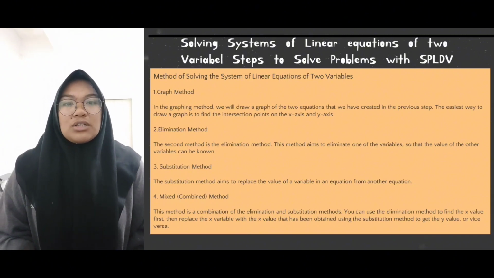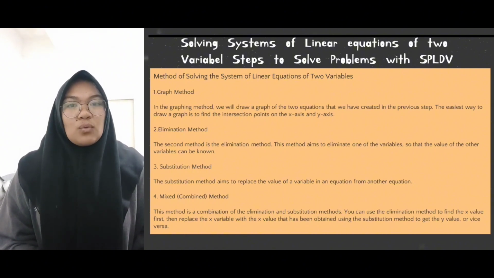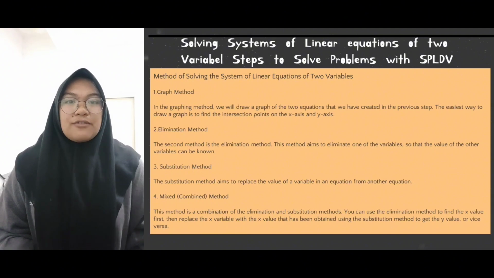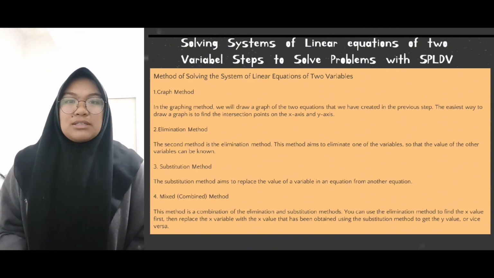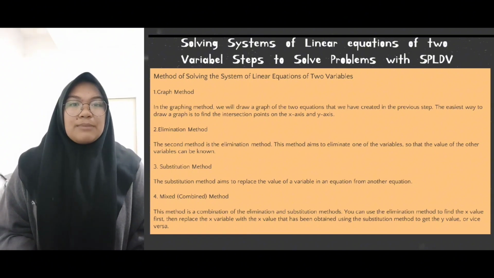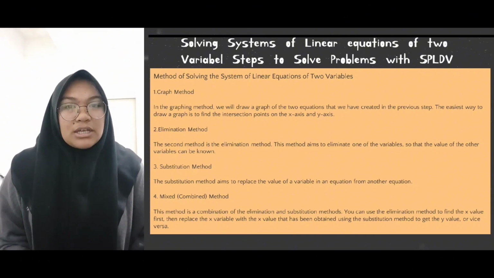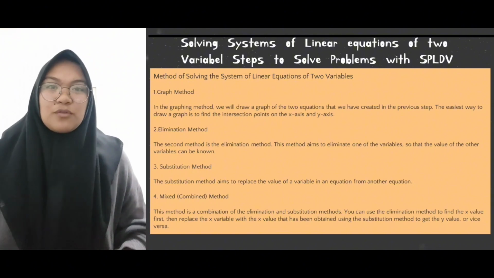The second method is the elimination method. This method aims to eliminate one of the variables so that the value of the other variable can be known. 3. Substitution method. The substitution method aims to replace the value of a variable in an equation from another equation. 4.